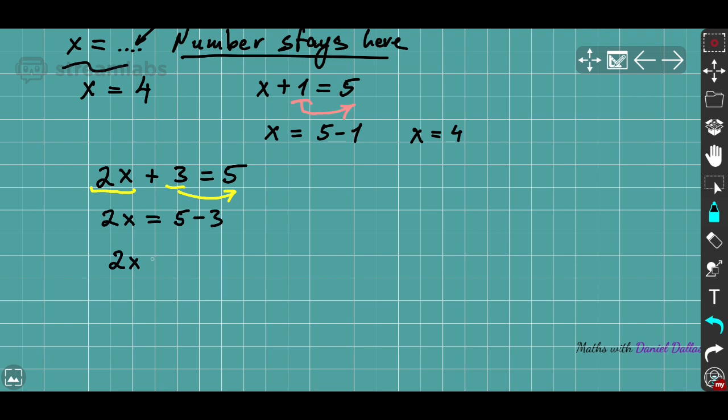If you simplify the right side, you will get 2. And now you understand that for 2x stays 2, so that means x equals 1 as the solution, and this 1 exactly stays for your variable.